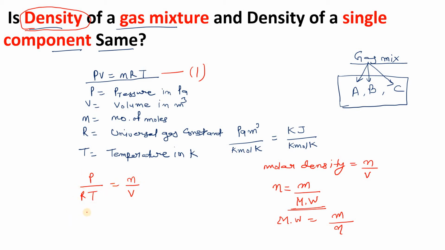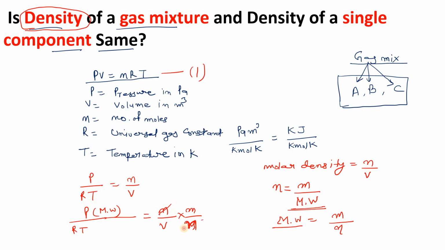On this side, P, the pressure, over R into T, into the molecular weight, is equal to, see here, n by V. Instead of writing molecular weight, I am writing here M by n.